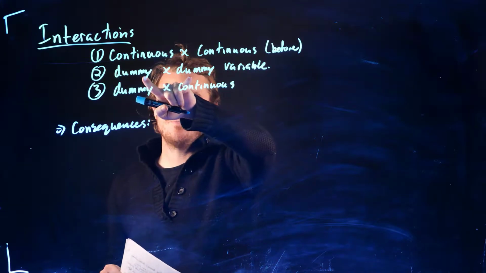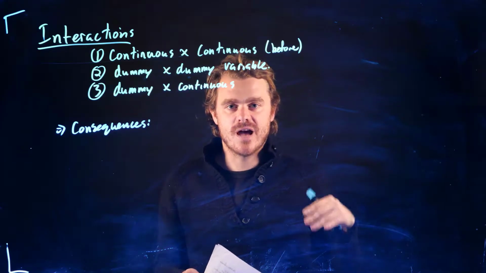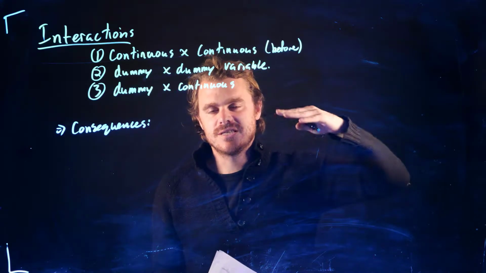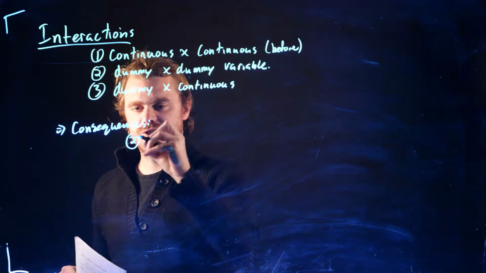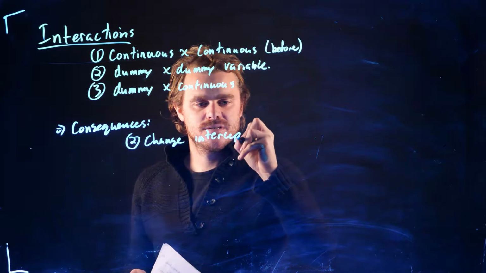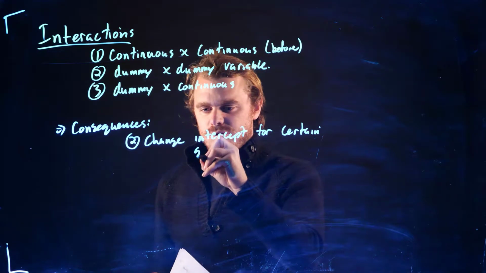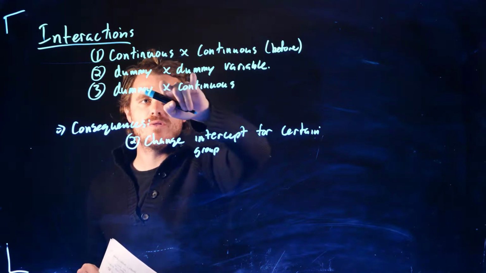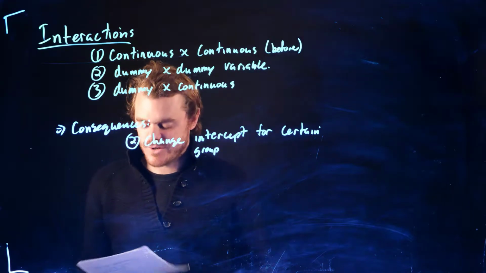Well, multiplying two dummy variables by each other, they're not continuous, they're just dummies, 1 or 0. So when they're both 1, it's going to change the intercept for certain groups. So 2 is going to change the intercept for certain groups. If both of these equal 1, then the interaction together equals 1, and you're going to have a different intercept for those people.